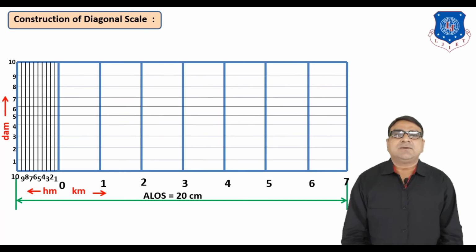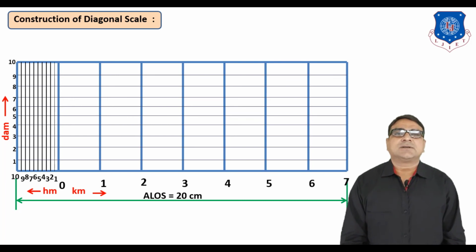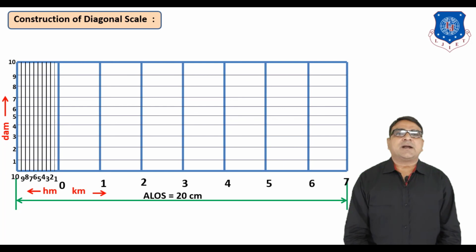Insert from the bottom 0 to 1, 2, 3, 4, 5 up to 10. These are the units representing decameter. Now for 1 hectometer equal to 10 decameter, we draw one line from 0 as an inclined line up to division 1 on the hectometer, which is shown in the figure.